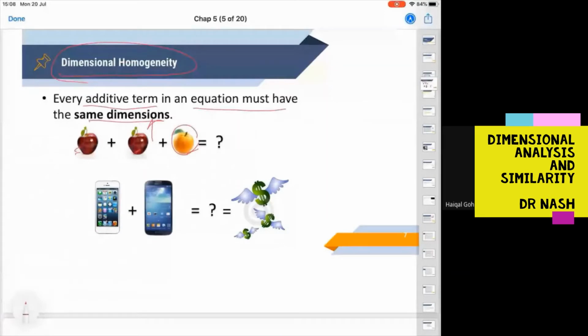Same goes for the telephone as well. Just for example, this one. So it has to be very specific equations, then we can do the summation or we can add together or minus them.